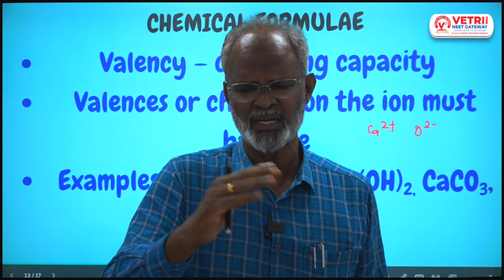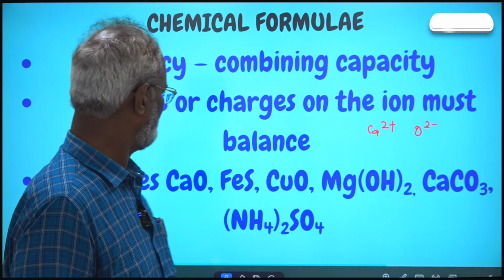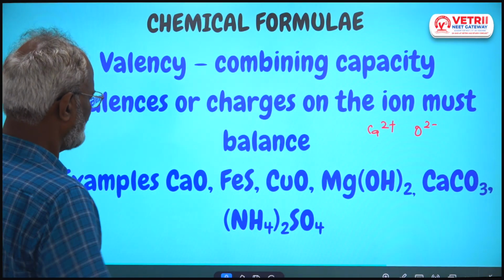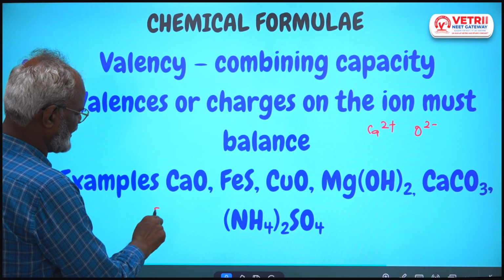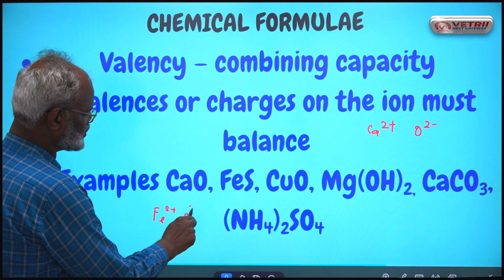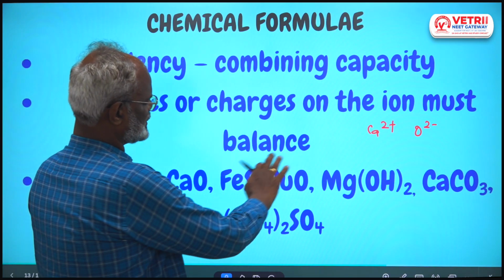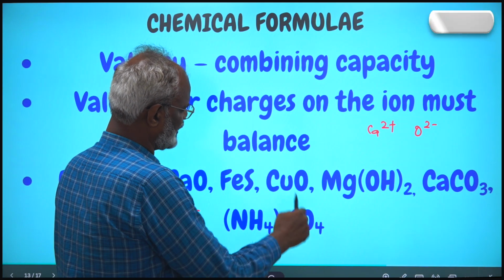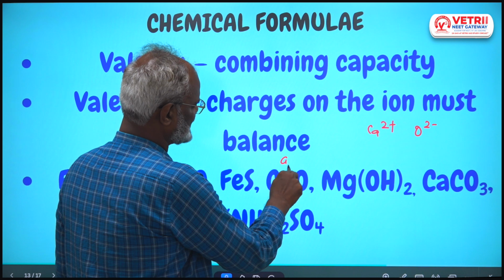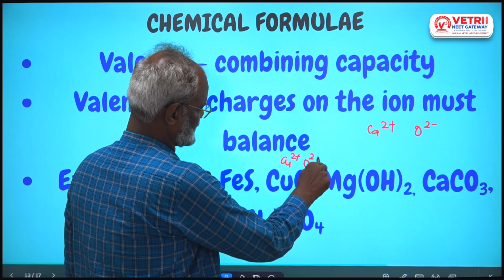So cation first and then anion second, and that gives the chemical formula. If you take FeS, it is Fe2+ and S2-, ferrous sulfide. Then cupric oxide, which is Cu2+ and O2-.